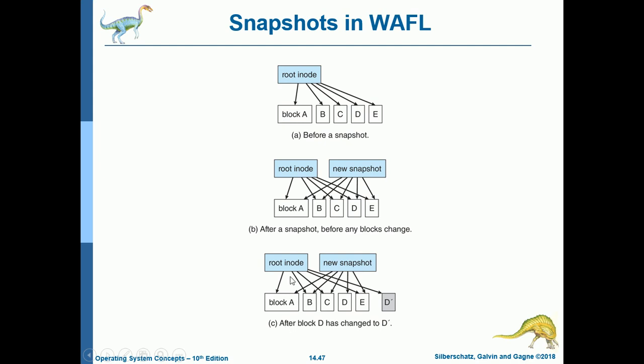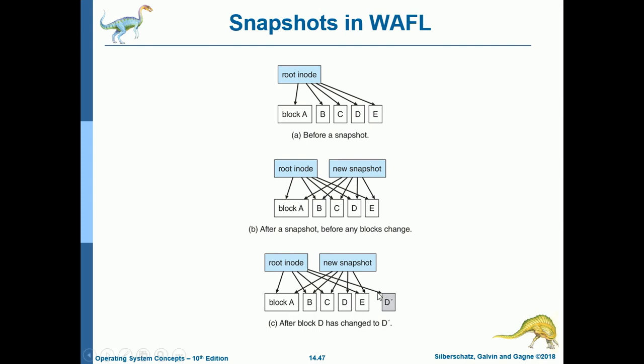Because there's a change in D, the original D here, black D, will lose its pointer and the root inode will point to the changed D. So we have a D prime here. After black D has changed to D prime, D here is already old, it contains old files.